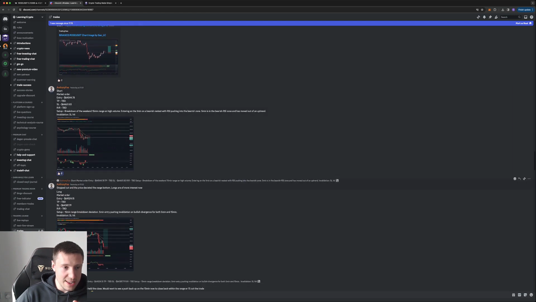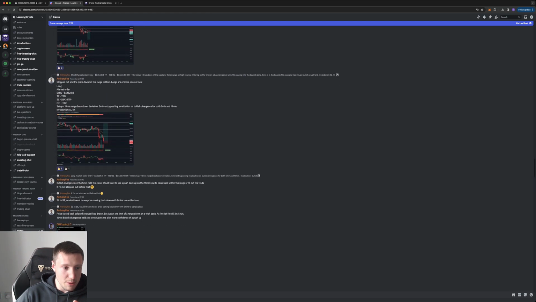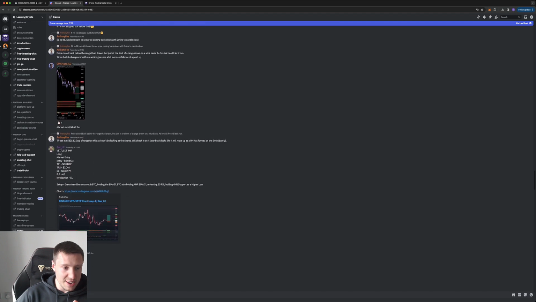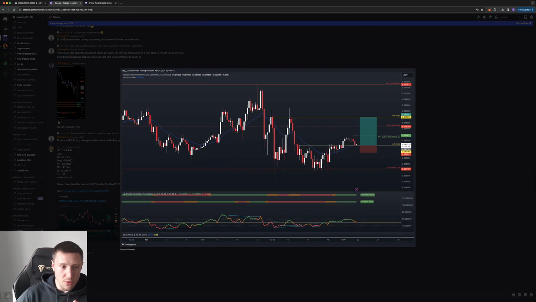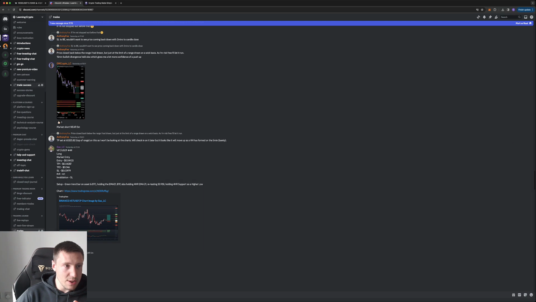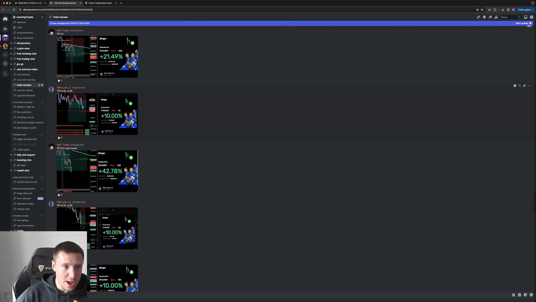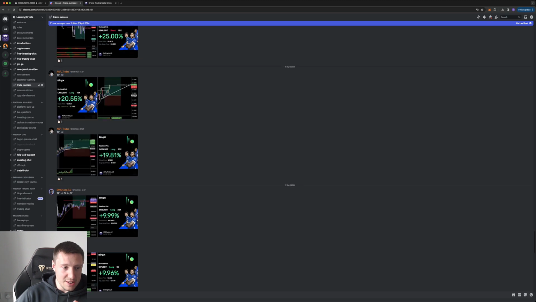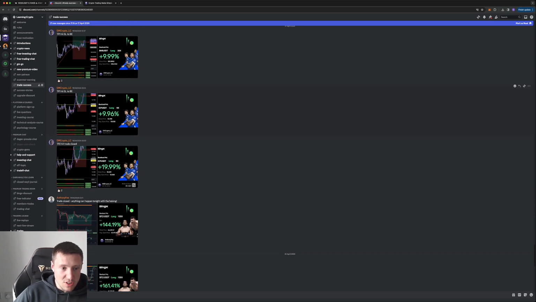Anthony, who designed the indicator, putting in some Bitcoin scalps. Dan as well with some scalps. And then this is my second trade here, VeChain on the 4 hour. And then as you can see, we've got the trade success where we've got plenty of profitable trades coming in throughout the day. So lots of scalping, lots of swing trades going on in that Discord.